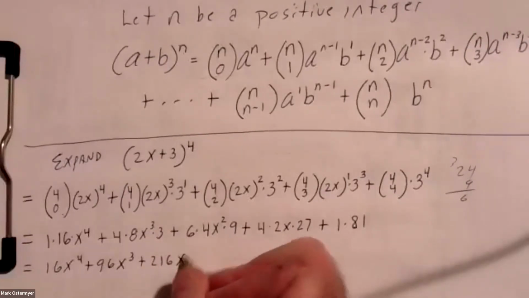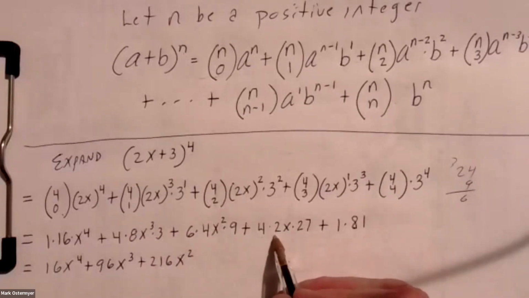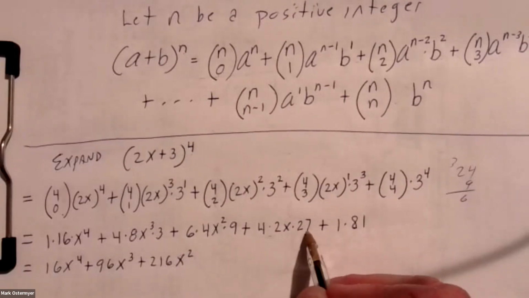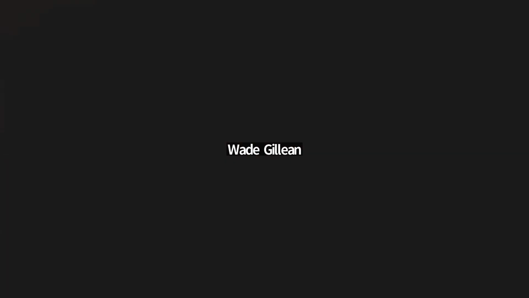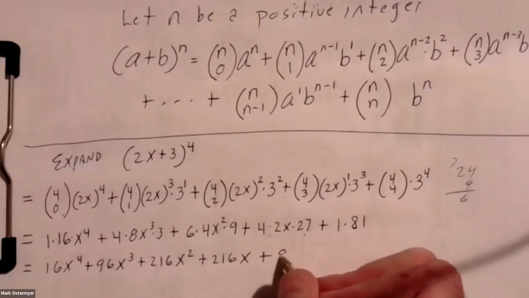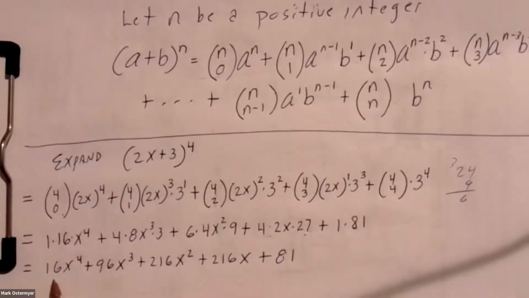Plus 216x squared. 4 times 2 is 8. 8 times 27. Is that also 216? Yes. That's also 216. I'll be darned. x and plus 81 at the end. That would be 2x plus 3 to the 4th power's expansion.